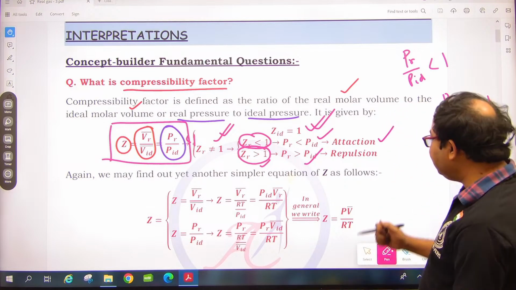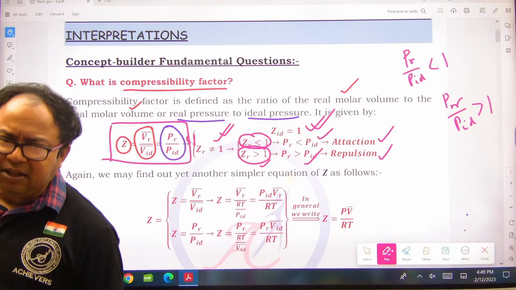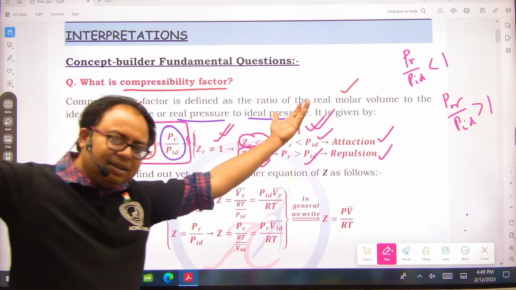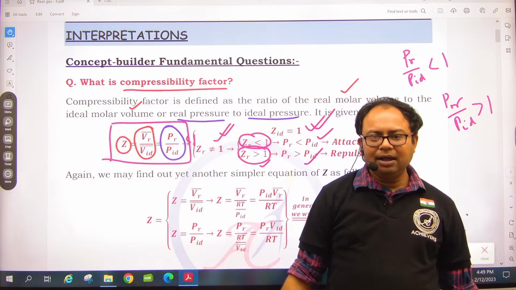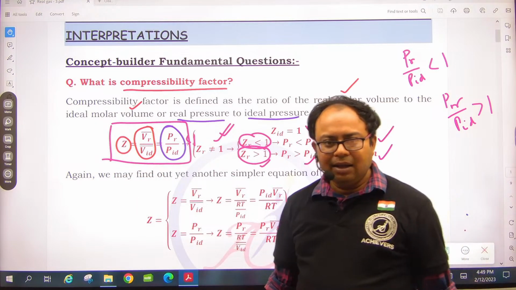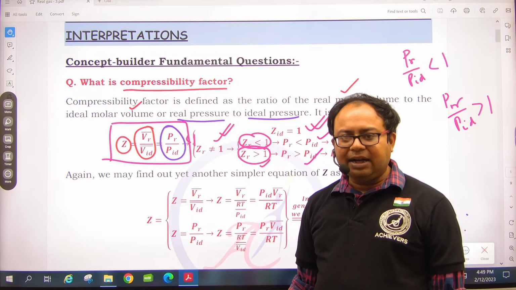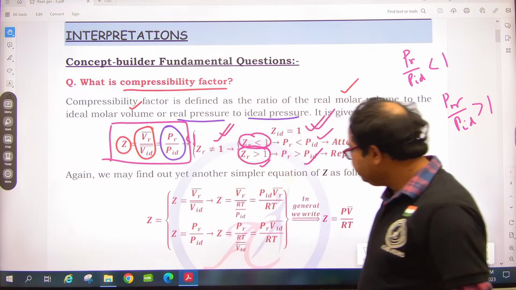So in that case, we have repulsion. If actual pressure is lower than the ideal pressure, attraction. If actual pressure is greater than the ideal pressure, repulsion. Actual pressure lower than the ideal pressure means pulling force, attraction. Actual pressure greater than the ideal pressure means pushing force, repulsion. Done.